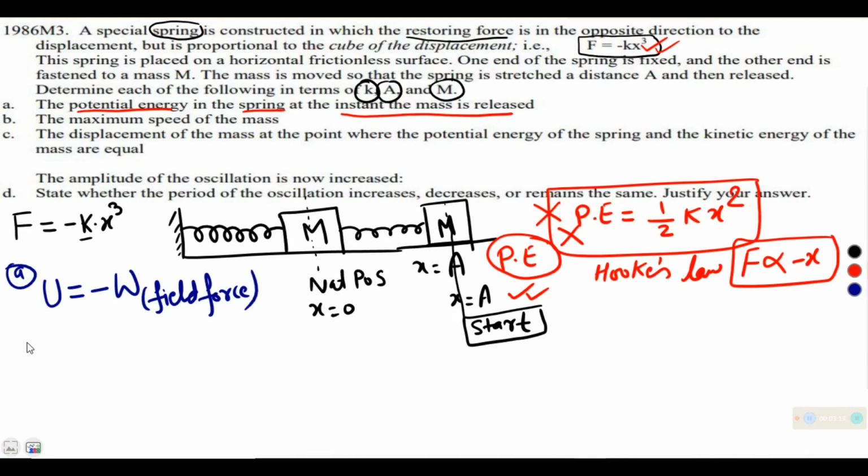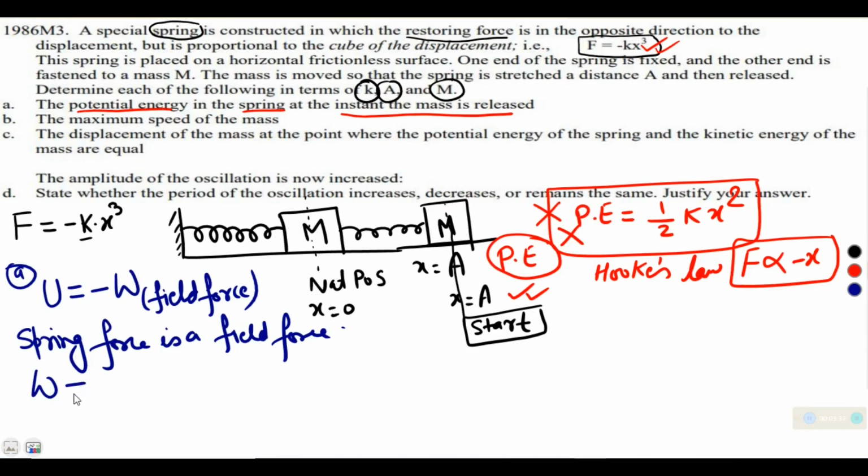What is the field force here? You may take the spring force as the field force here. So what will be the work done? We know the formula of work done is equal to force into displacement.